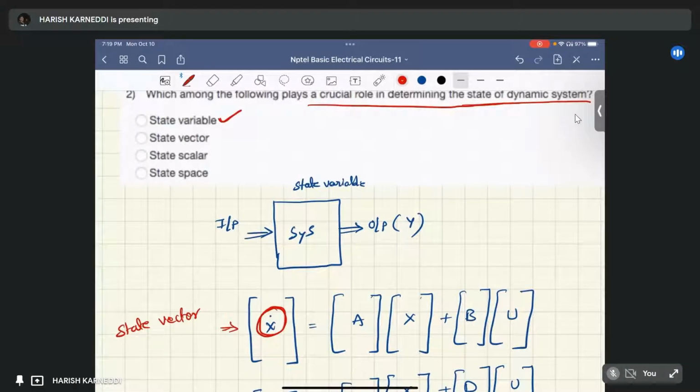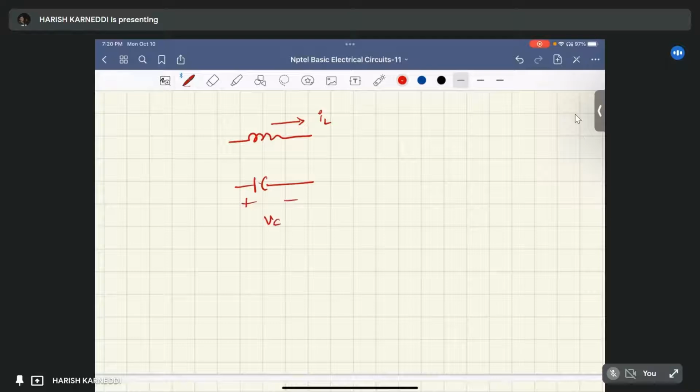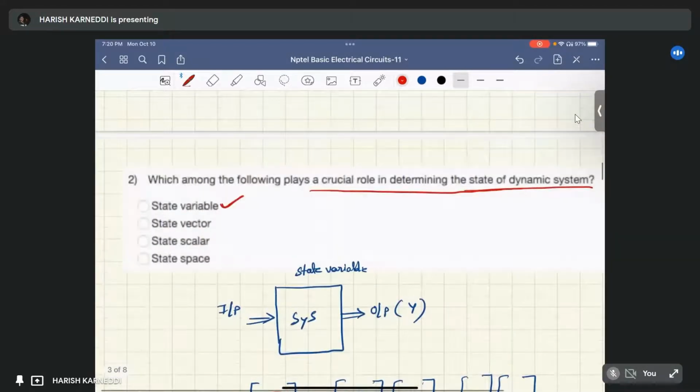Usually, when your circuit has L and C elements, the current flowing through the inductor is a state variable, and the voltage across the capacitor is a state variable. These are the state variables in the network, so state variables play a crucial role in the dynamics of the system.